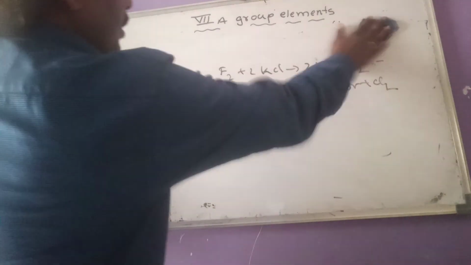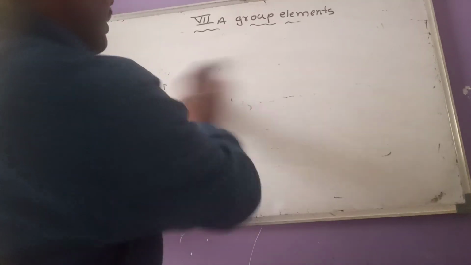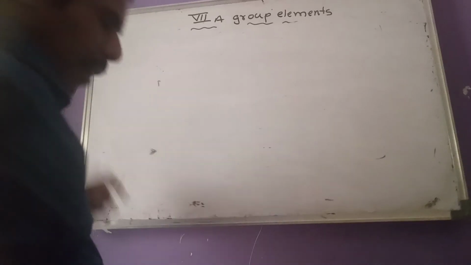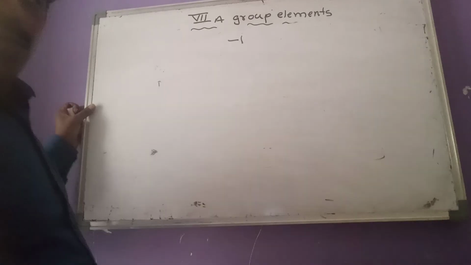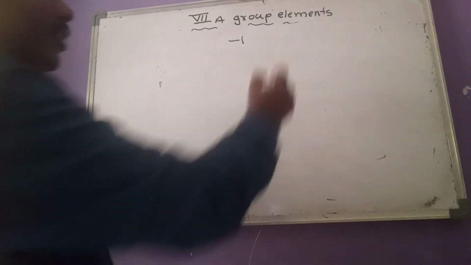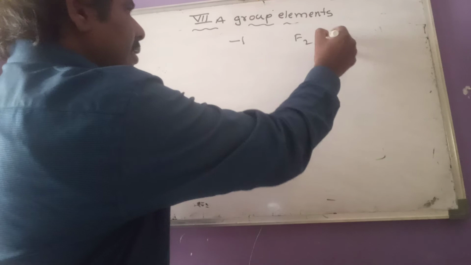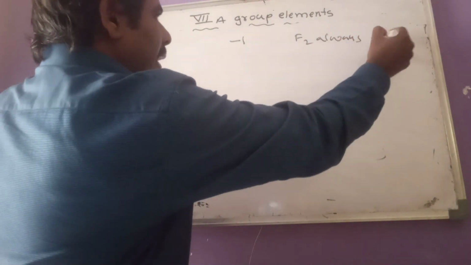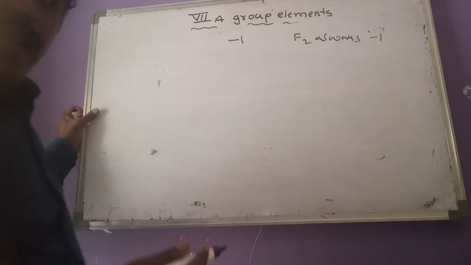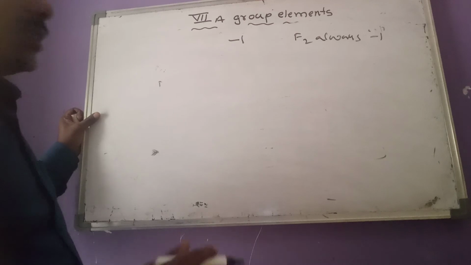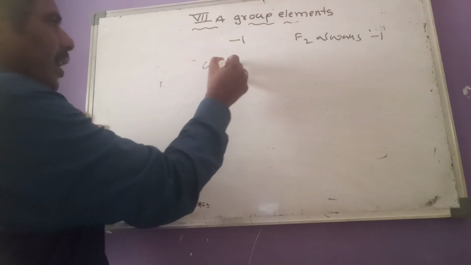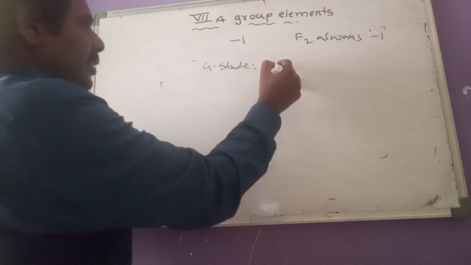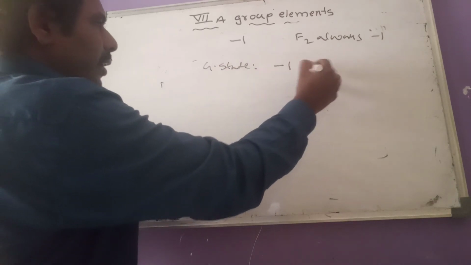Okay, then let us see oxidation states. So common oxidation state of halogens is which one? -1. And fluorine always exhibits which one? -1 oxidation state in its compounds. And in ground state, other halogens can exhibit +1 along with -1.